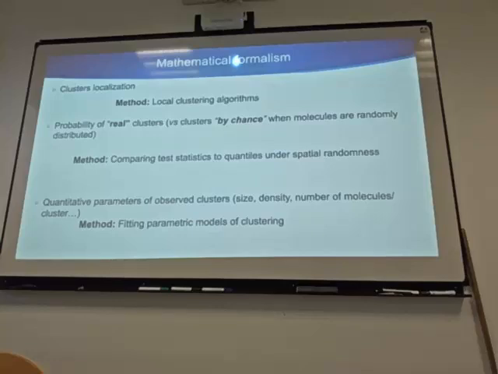For the second one, I will introduce a little bit more statistics, and I will show that you can obtain this by building a test statistic and testing it under a null hypothesis, which is complete spatial randomness. And the last one is usually obtained by fitting a parametric model of clustering. There are other methods, but these are the 3 main methods I'm going to present now.